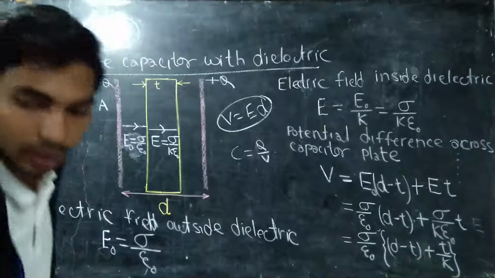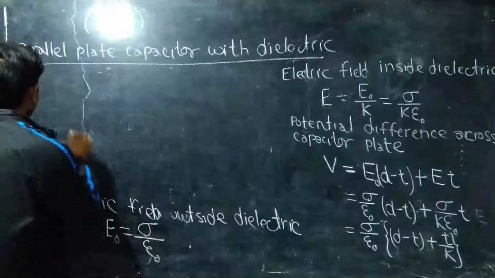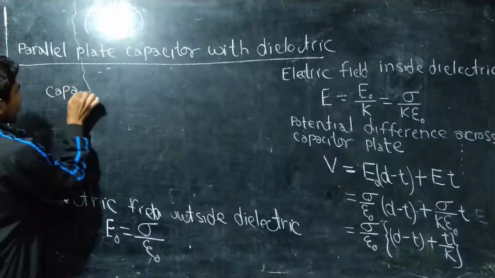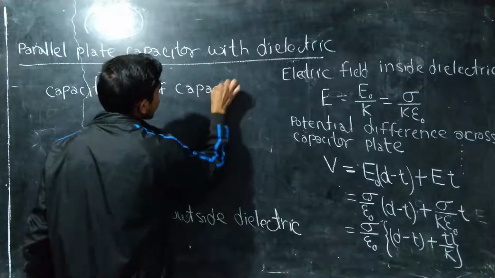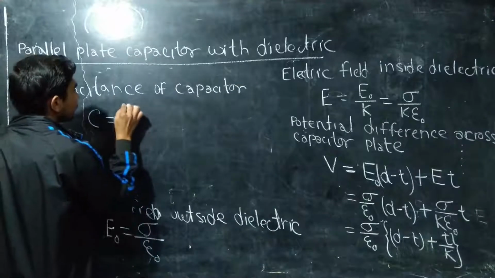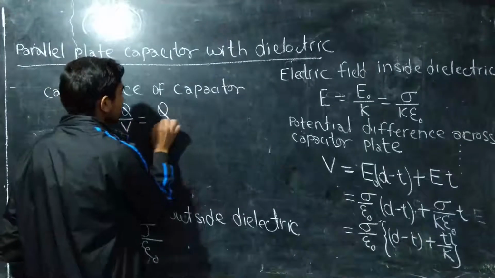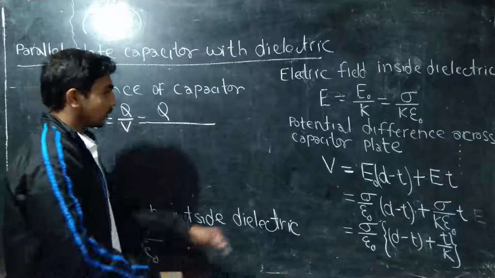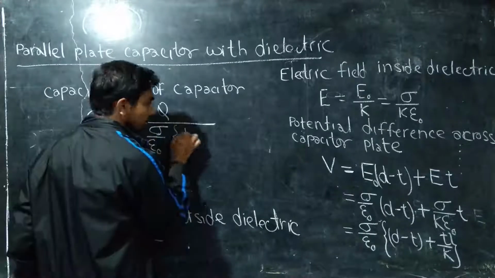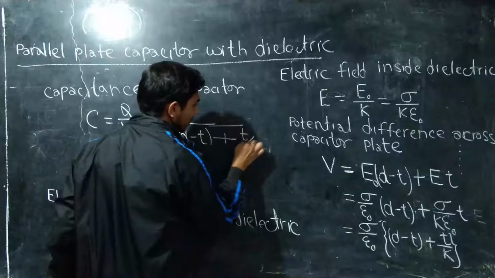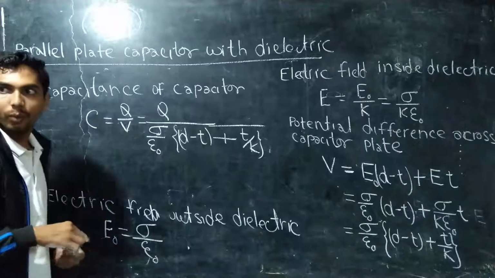By substituting this V in the formula, we are able to get the capacitance. So further, I'm going to write the capacitance of the capacitor. C is Q by V, and V is sigma by epsilon 0 into (D minus T plus T by K), right?